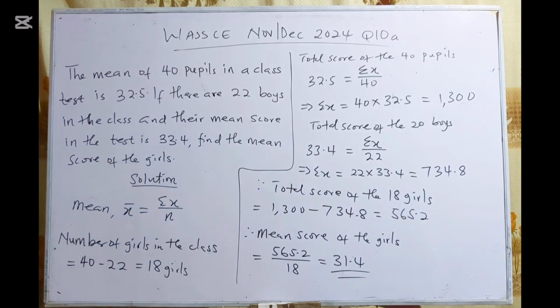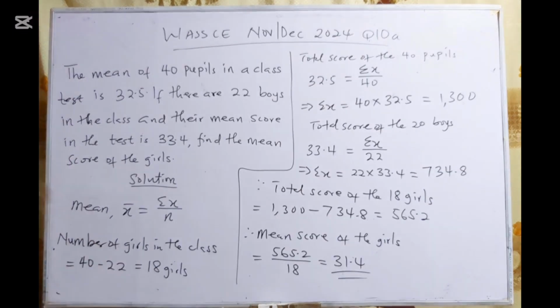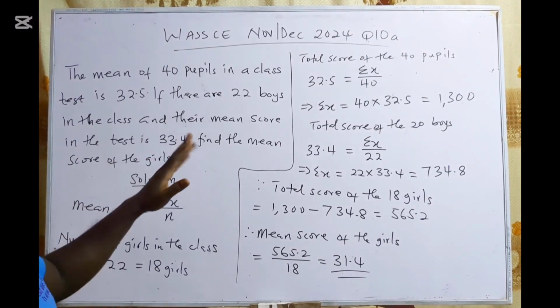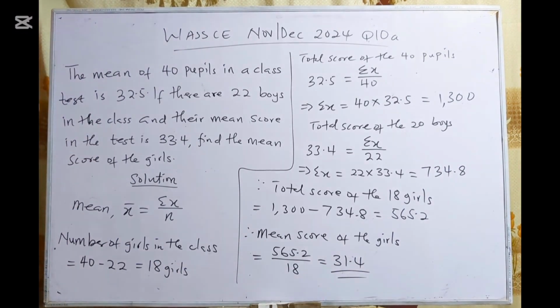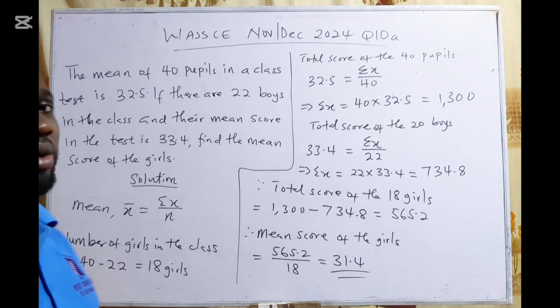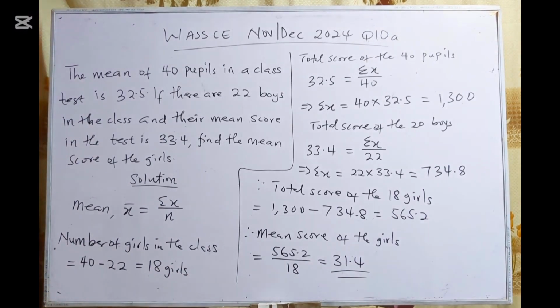So the mean score of the girls in the class is 31.4. I believe this is so simple to understand.